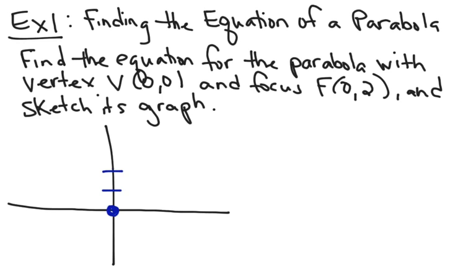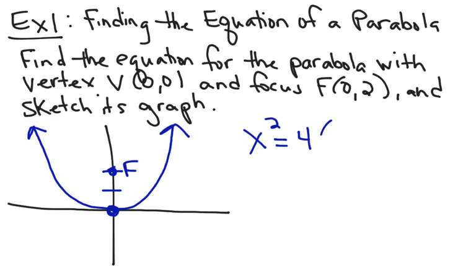Since the focus is at (0, 2), the parabola must open upward, because the parabola is always going to open around the focus. So now for the equation, x squared is equal to 4 times p times y.